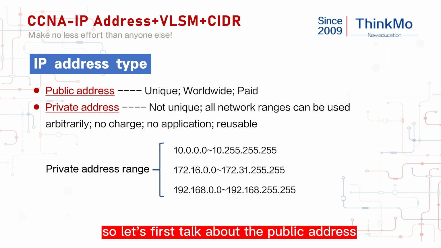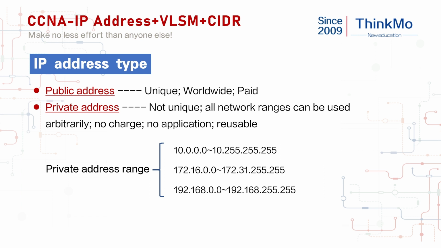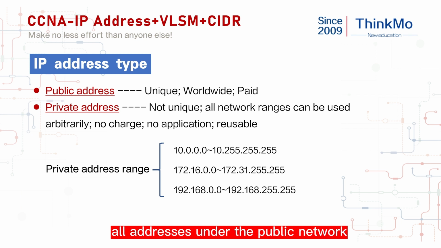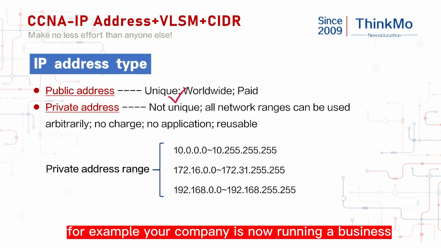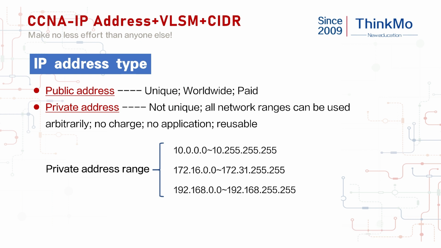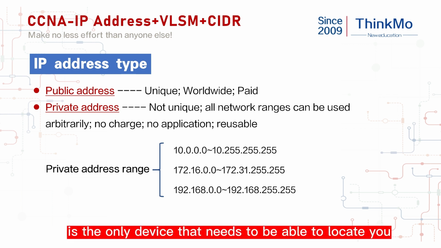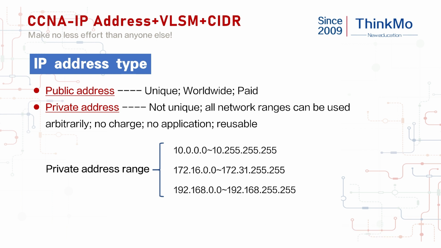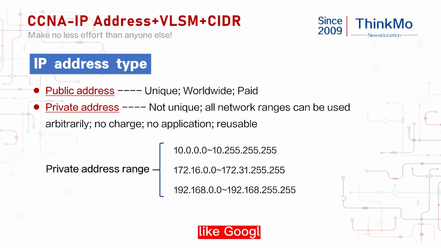So let's first talk about the public address. We want to communicate on the internet. All addresses under the public network must be unique when communicating. For example, your company is now running a business. Then your company on the whole network is the only device that needs to be located. Your company has an export facility, like Google.